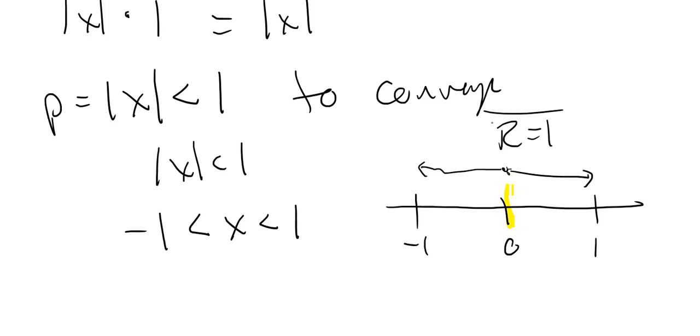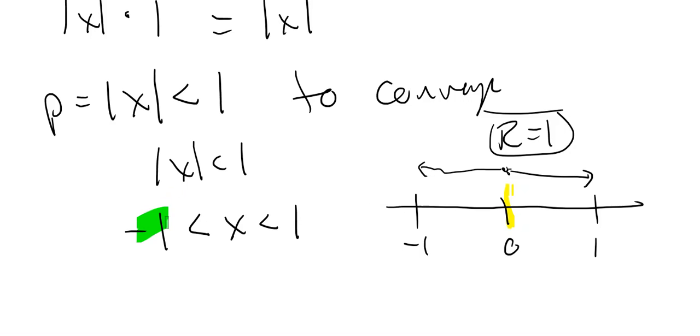Now, how to find the interval of convergence? Well, the interval of convergence involves a little bit more work, and I'm going to talk about that in another video. But the interval is going to be from negative 1 to positive 1. We just don't know whether we include the negative 1 or the positive 1.